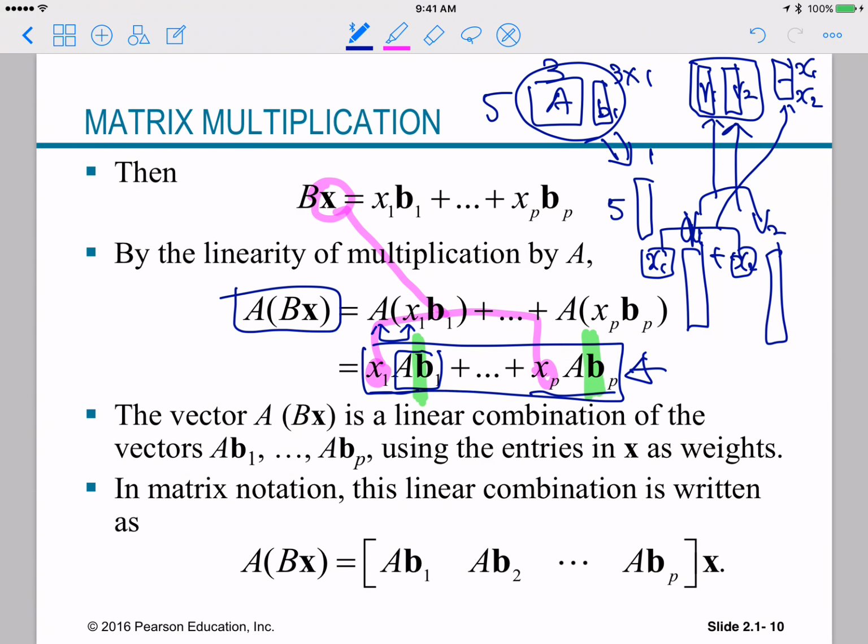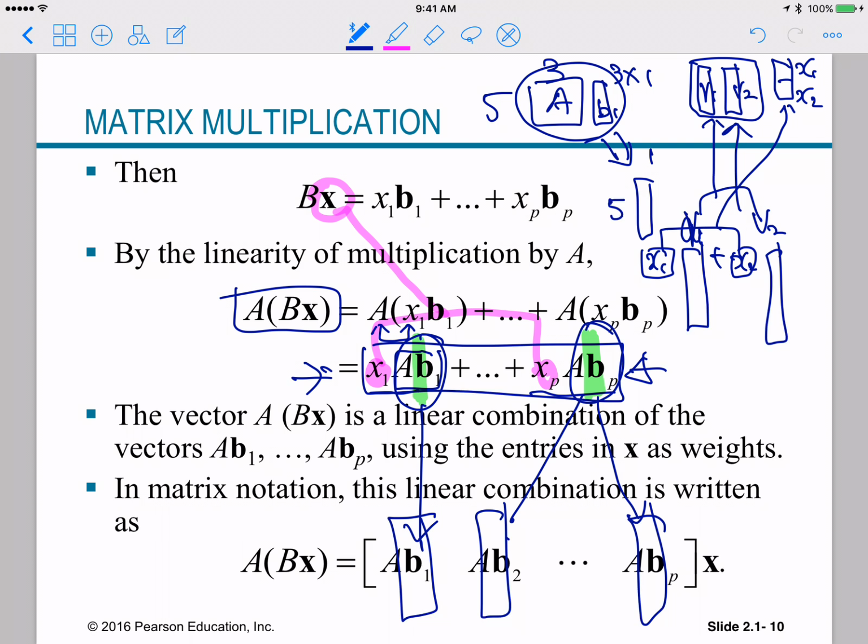Okay, so we do the same thing here. We collect those columns into this matrix, and then the vector x which came from those values. So we change it to matrix equation form.